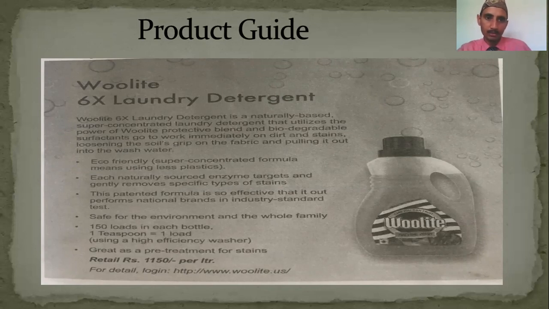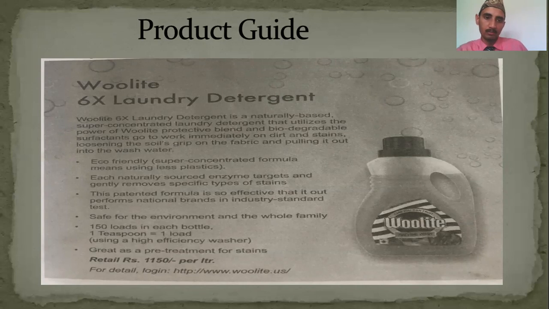Oolite 6X laundry detergent is a naturally based, super concentrated laundry detergent that utilizes the power of Oolite protective blend and biodegradable surfactants. They go to work immediately on dirt and stains, loosening the soil's grip on the fabric and pulling it out into the wash water. So this one is the introduction, okay? It says what this product is about.